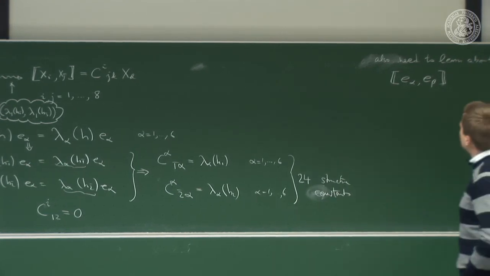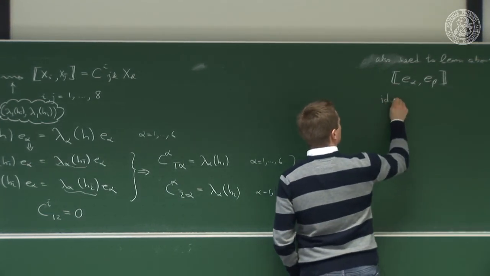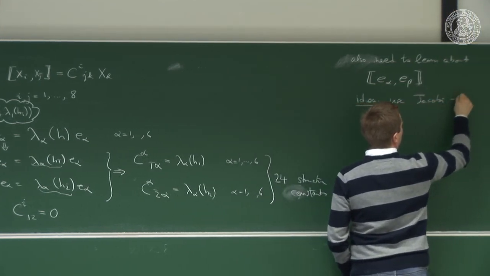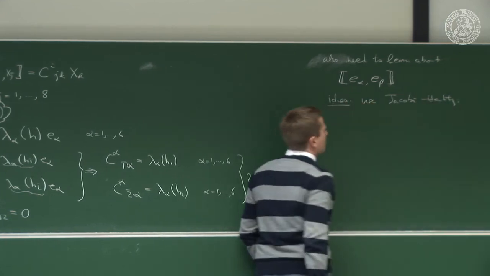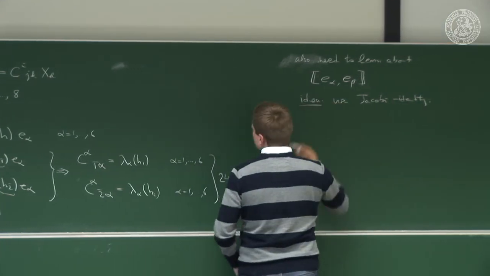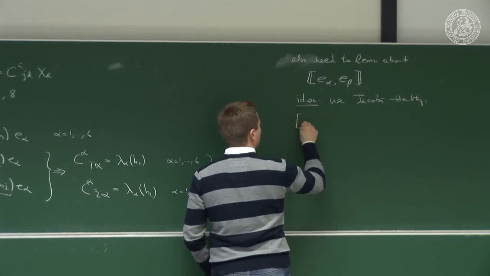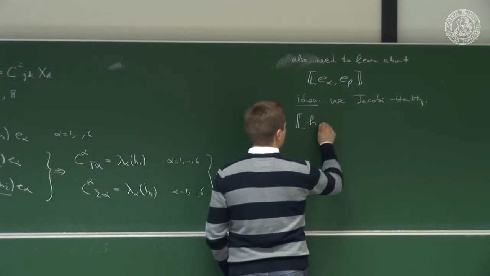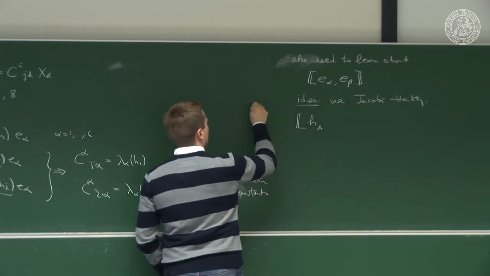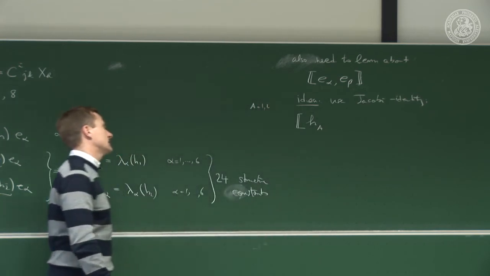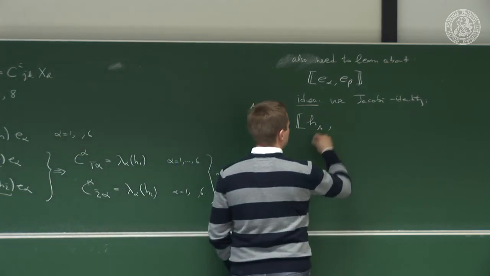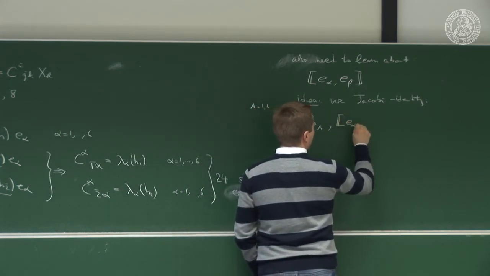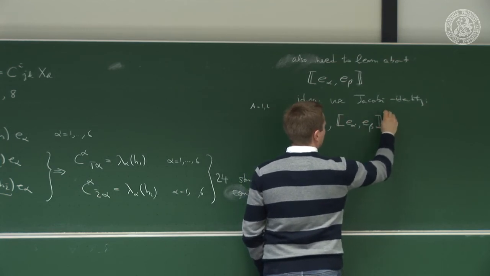Well, but of course we have the Jacobi identity, so the idea is use the Jacobi identity to learn the following. We need to use some h to learn something, so take one of the h's, let's call that H_A with a capital index A, so A then runs from 1 to 2, we're here safely or firmly in this basis representation, and we then take the bracket with an E_alpha and an E_beta.